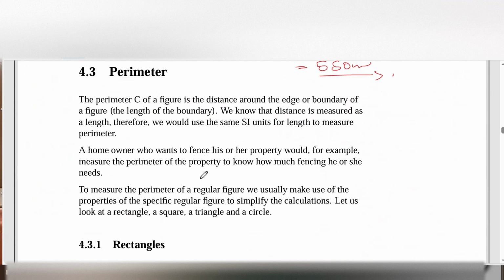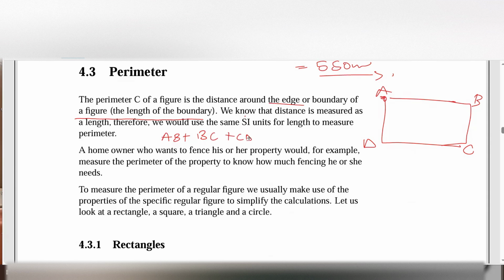Okay, so 4.3 talks about perimeter. Perimeter C of a figure is the distance around the edge of the boundary of a figure. So the total distance around a shape is what we call the perimeter. So if that is A, B, C, and D, and we get the length AB plus the length BC plus the length CD plus the length DA, the total we get is known as the perimeter.